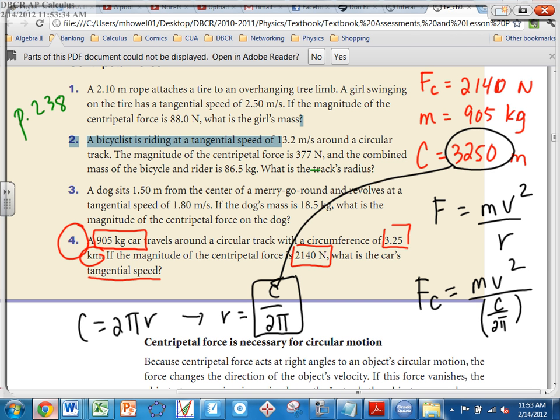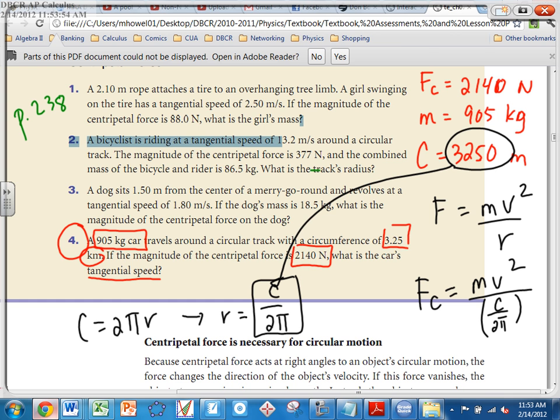The problem is asking us to find the velocity, so solve for v if you're here already. There's no need to here, though. Just move it up to the numerator. So this equation here, I'm going to continue on the next page.